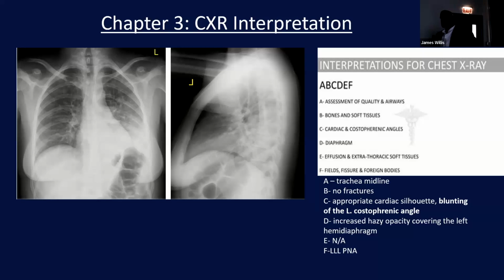Sometimes it's hard to see behind the heart, and on the lateral, as you're coming down, it should normally get lighter. If you see a big blotch behind the heart on the lateral, that tells you that's a pneumonia that you can't see very well on the PA or the AP. So that's a very useful view for pneumonias on the left side behind the heart.